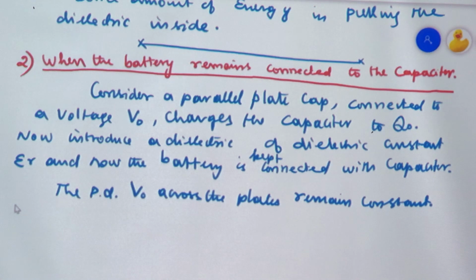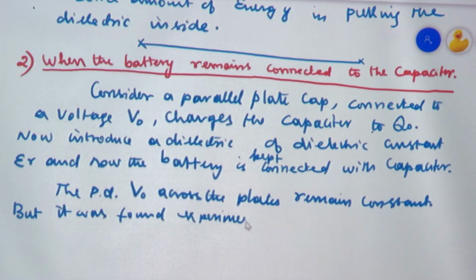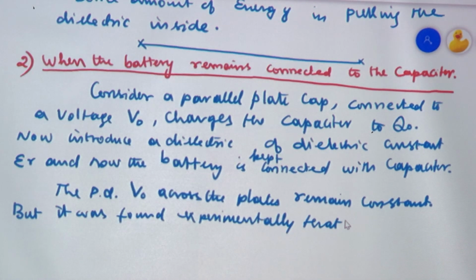But what we have found experimentally is that the charge is not remaining constant; it is increased by a factor epsilon r. In the previous case, the charge remained constant and the potential got decreased by epsilon r.